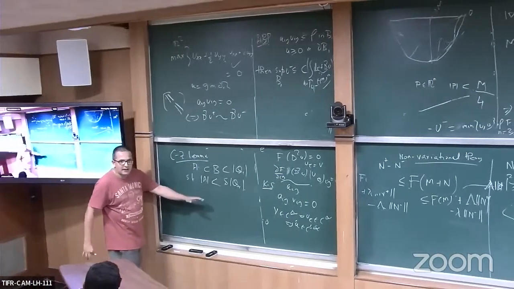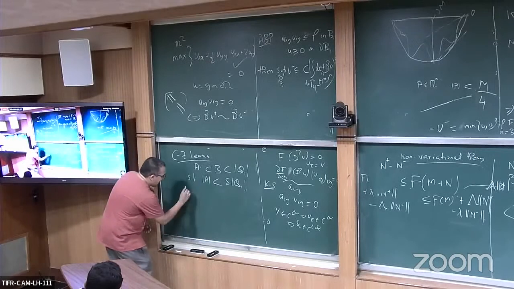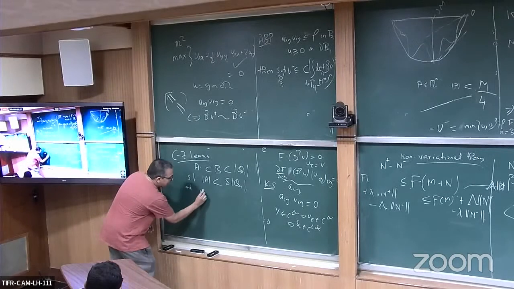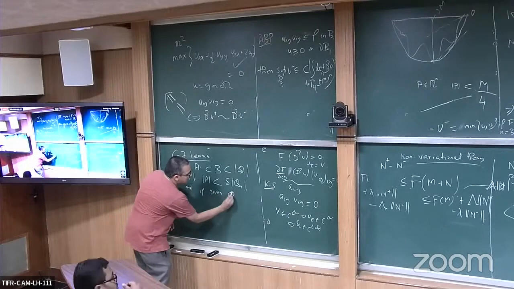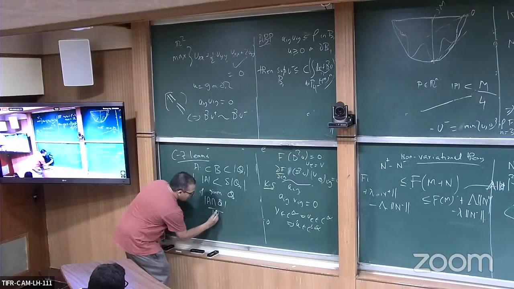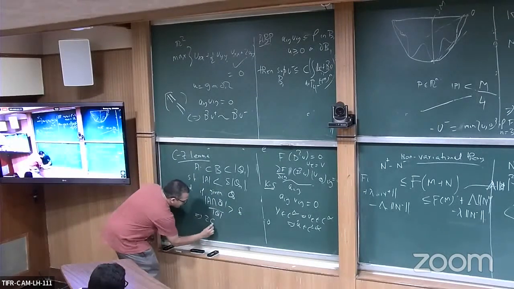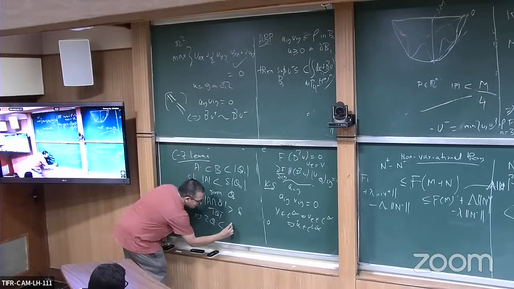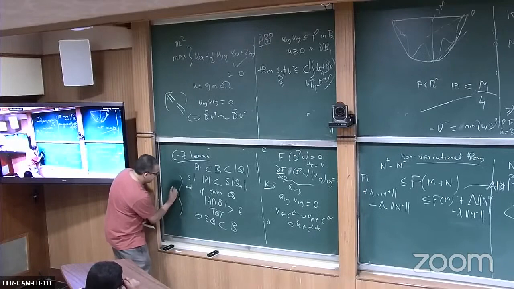Now I have the following condition, that B covers A in density: if, given any cube Q, the measure of A intersection Q over the measure of Q is bigger than delta, then 2Q is contained in B. So this is the condition.